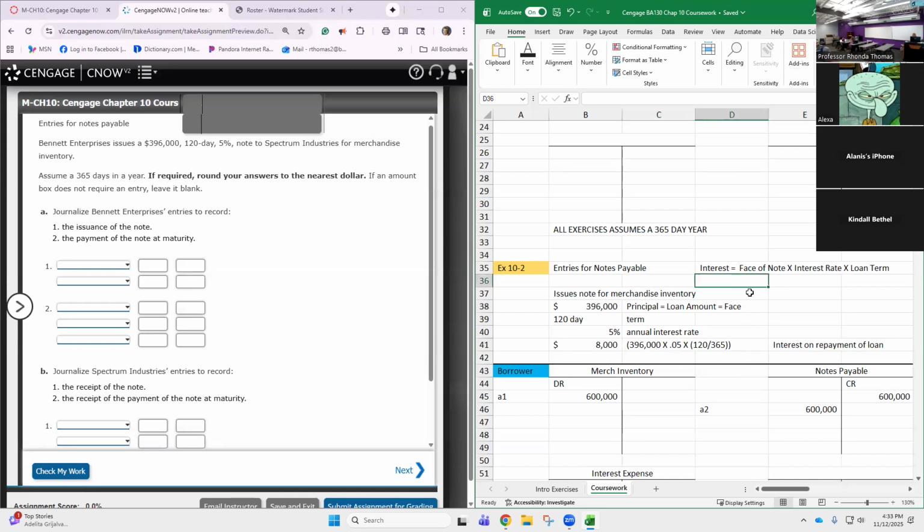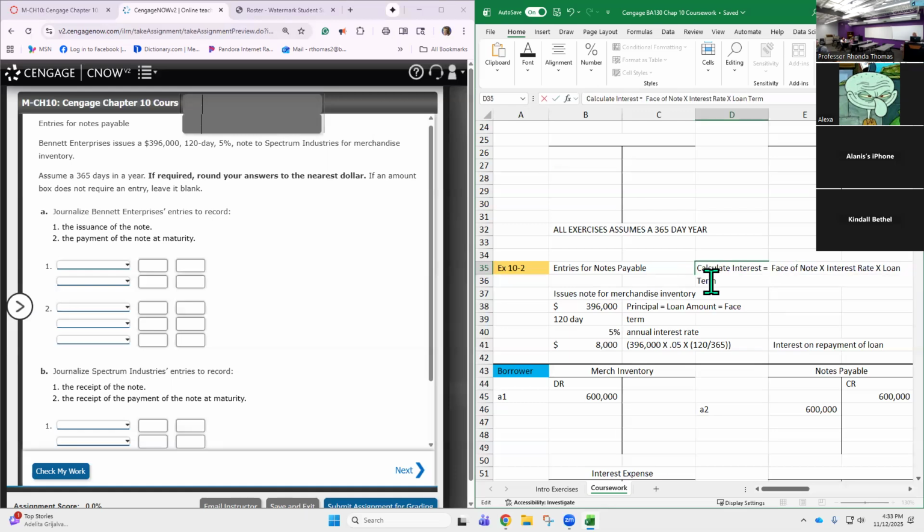So one more time, here's what you want to put in. You'll want to take your loan amount times your interest rate and then times 120 over 365 days. Okay, so this is going to calculate your interest. Calculate the interest.